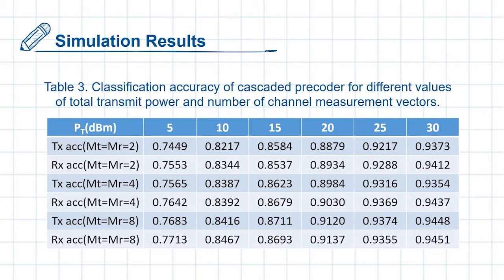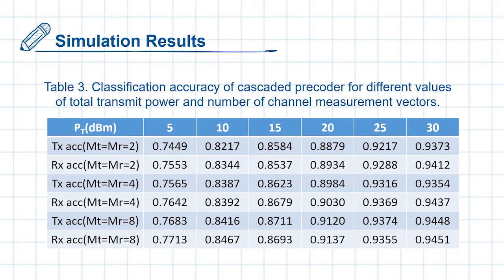Besides, the classification accuracy of the cascaded precoder increases continuously with the increase of the total transmit power when the number of channel measurement vectors remains.